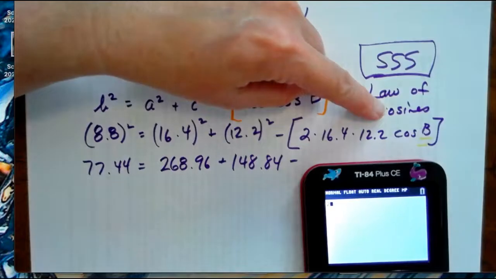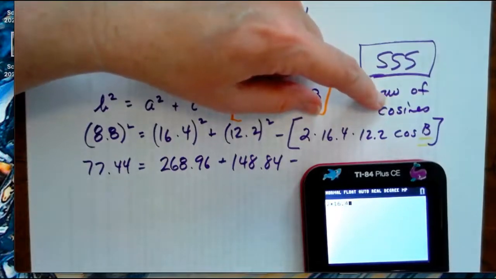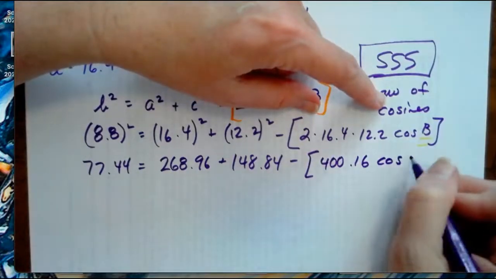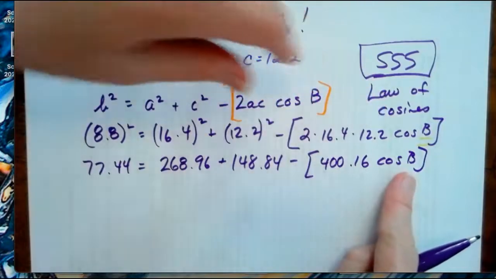So 2 times 16.4 times 12.2 is 400.16, times cosine of b. Remember, that's multiplied by cosine b.